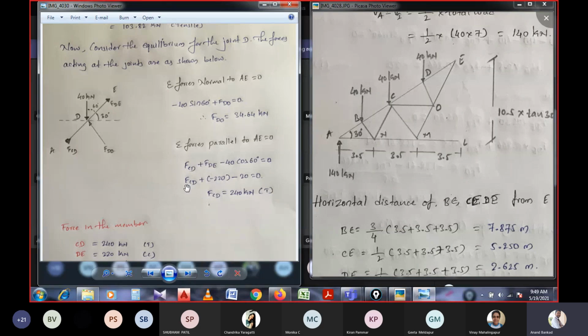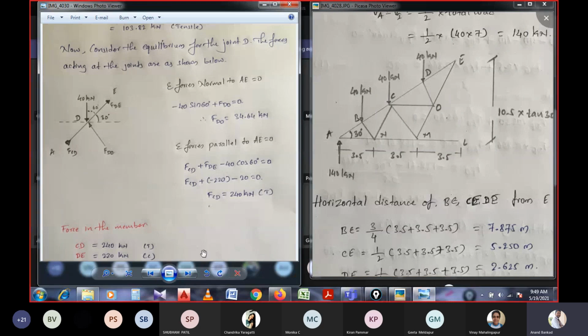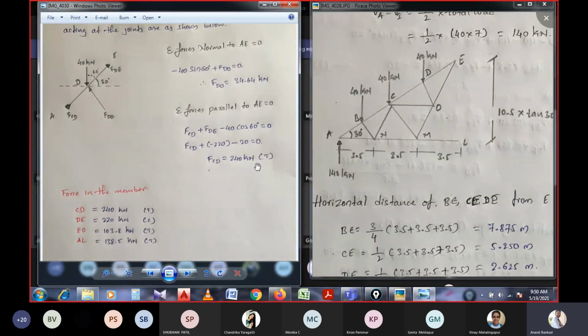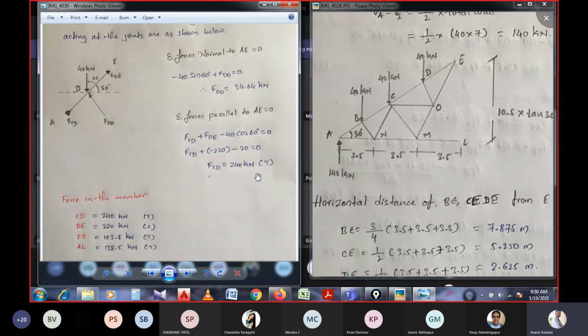So FCD is taken as it is. FDE is already calculated as 220 kilonewton in the previous step. The same thing is substituted over here, and cos 60, that is 60 degrees, is the internal angle with the 40 kilonewton force at that joint. If you resolve these, then FCD will be 240 kilonewton. So this is how the calculation takes place in the equilibrium analysis.